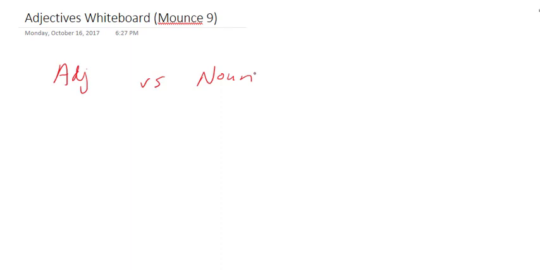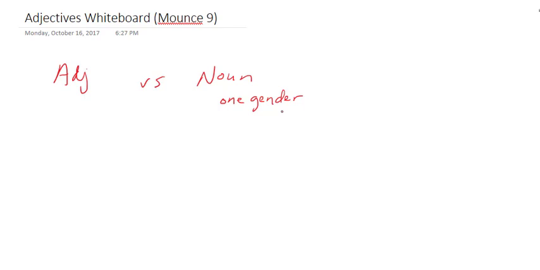Now let's try to think about a formal way of distinguishing an adjective from a noun. One of the significant differences is that nouns have how many genders? Three in Greek. No, like an individual noun in Greek. Oh, one. Yeah, it has only one gender.